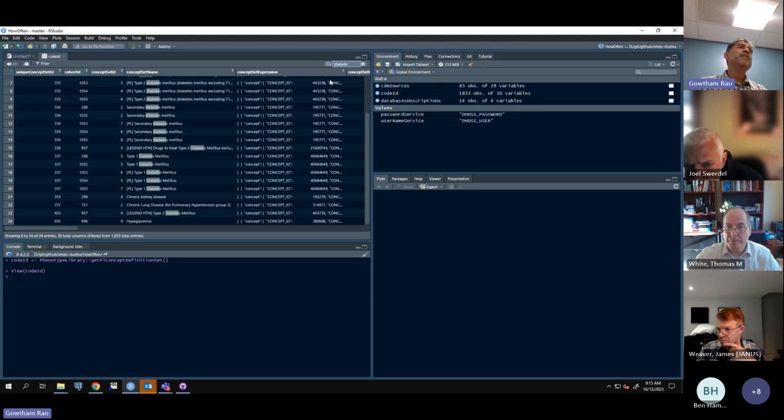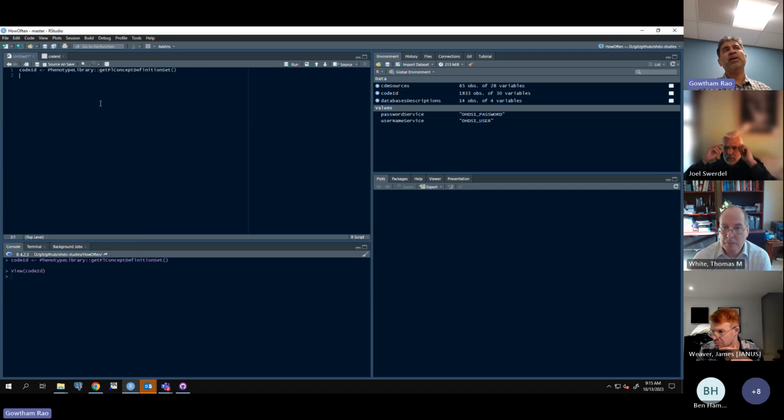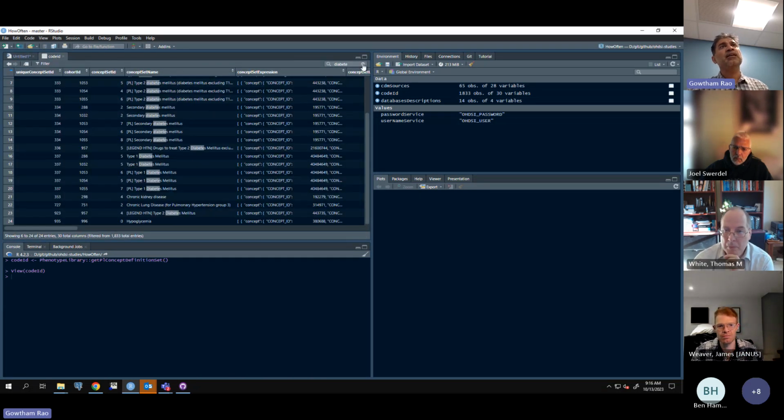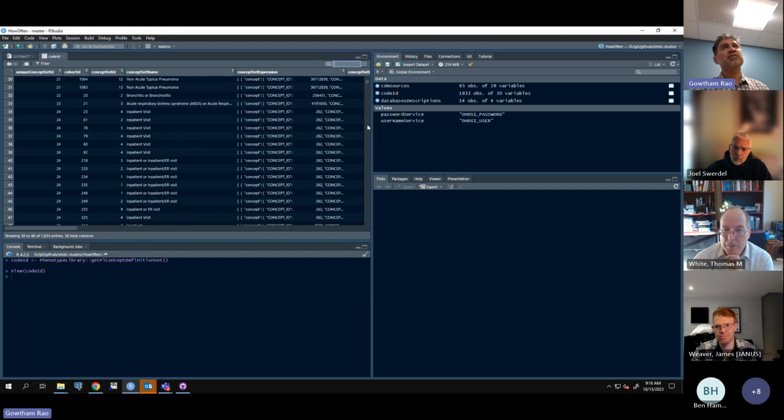What I'm showing you here is a table that was retrieved from the OHDSI Phenotype Library using R code. This is exposed in many different ways. This is just one way of retrieving it: the Phenotype Library function to get the concept set definition set. I asked it to retrieve everything without any constraints, and it gave me all the concept set expressions in the OHDSI Phenotype Library.